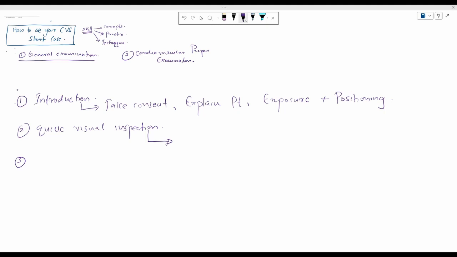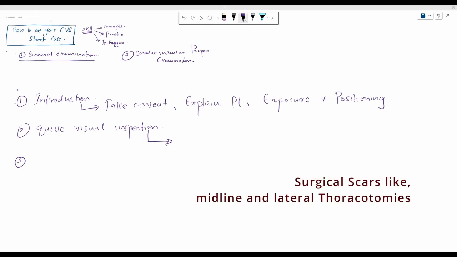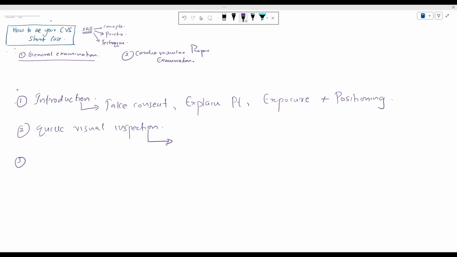Are there any deformities like pectus excavatum deformity, or any pigeon chest deformity, or any surgical scars like a midline sternotomy or a lateral thoracotomy, right? A midline sternotomy scar or a lateral thoracotomy scar. So all of these have to be seen in the quick visual inspection.